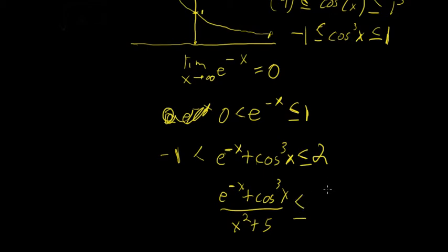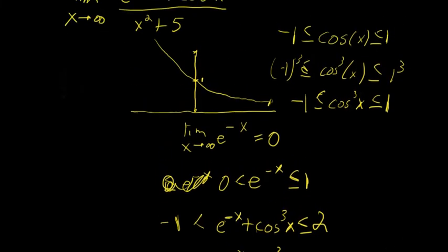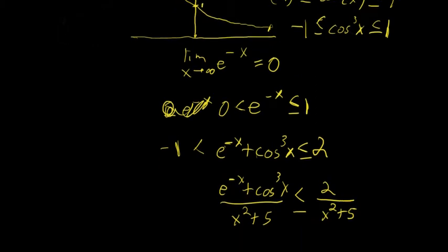In this inequality, we're going to have to divide everything by x squared plus 5, and because we're looking at the limit as x approaches infinity, we're only really concerned with positive numbers, so x squared plus 5 will be positive. We'll be dividing by a positive number, so the direction of the inequality remains the same.